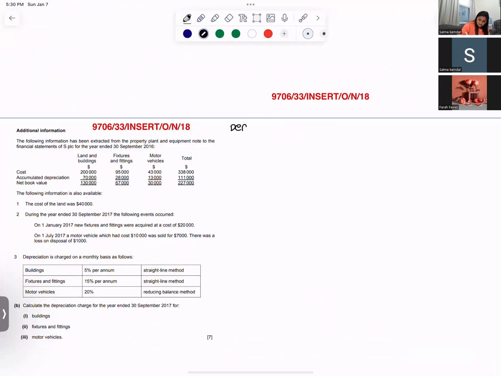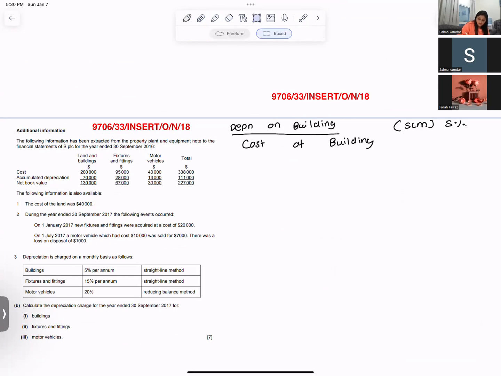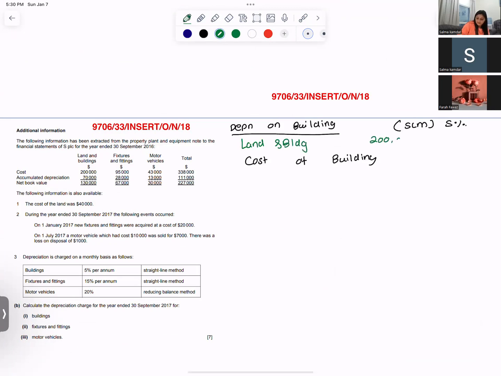What is the depreciation on building? They have mentioned 5% per annum straight line method. Straight line method means on cost. So what is the cost of building? Land and building is 200,000.